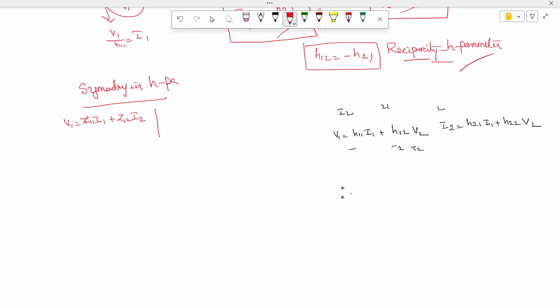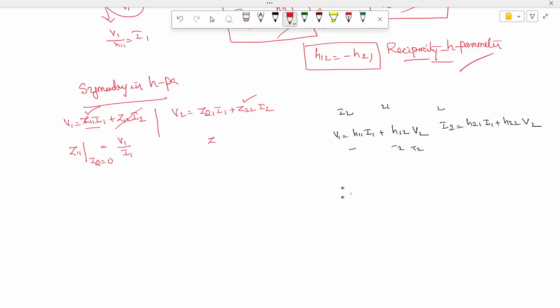Next equation, V2 is equal to Z21 I1 plus Z22 I2. Now we want the Z11 value and the Z22 value. I will get Z11 when the output port current I2 is equal to 0. Therefore Z11 is equal to V1 by I1.